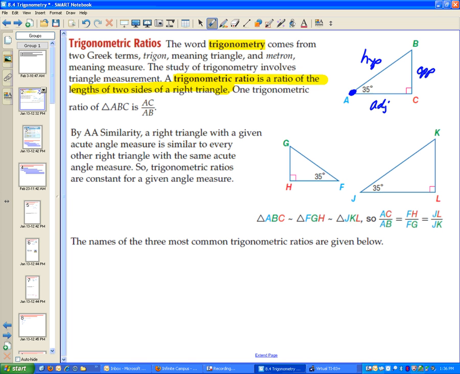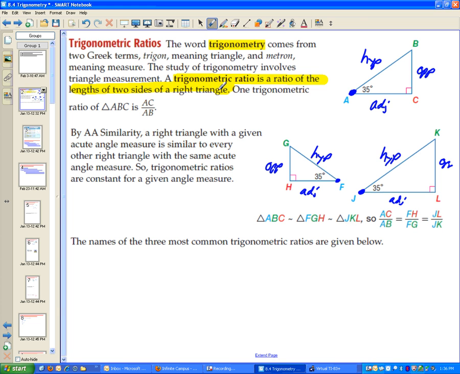Now, couldn't we do the same kind of labeling for this 35-degree angle here? We'd get opposite over there, that'd be the hypotenuse, that'd be adjacent, and for this 35-degree angle here, opposite would be over here, adjacent over here, hypotenuse.